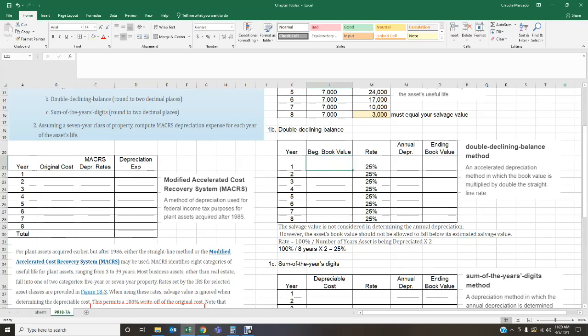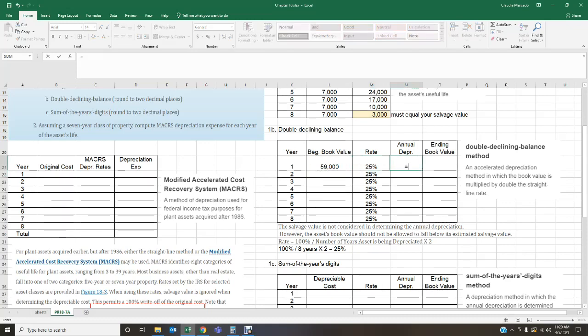Now we're going to start off with the beginning book value. It says here the salvage value is not considered in determining the annual depreciation. So my book value is going to be the cost. I spent $59,000 on this asset. I've got a depreciable rate of 25% using the double declining balance.